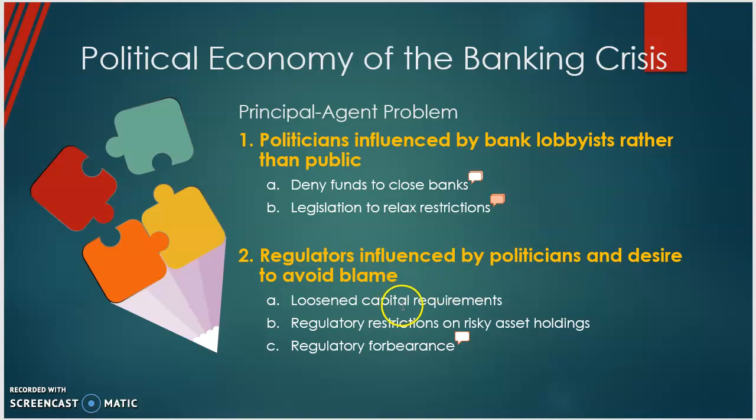Okay, loosen capital requirements, regulatory restrictions on risky asset holdings, and regulatory forbearance. Okay, what is regulatory forbearance? Forbearance in the context of the mortgage process. Okay, mortgage means loans, a housing loan for example.